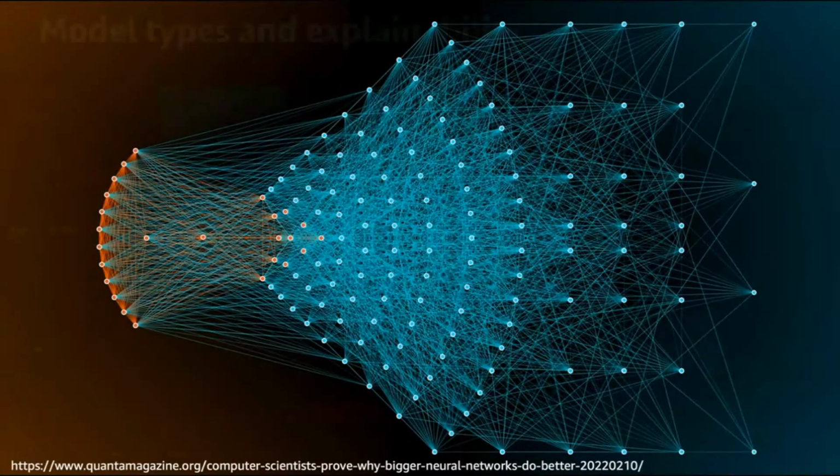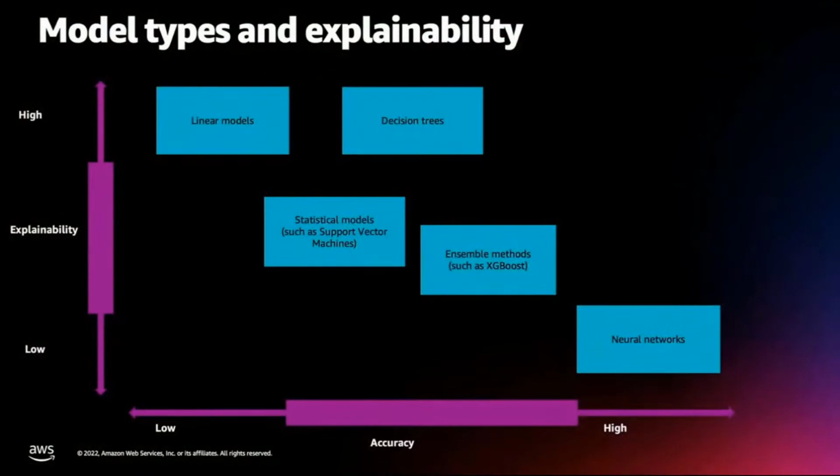To give you a quick summary of the apparent trade-off between accuracy and explainability, you could see that if we start with simpler methods such as linear models, where we have a hyperplane as a decision boundary, and maybe in some simple cases really literally a single line. So if your point is above the line, then we predict it to belong to one class, and if it's below, then it's the other class.